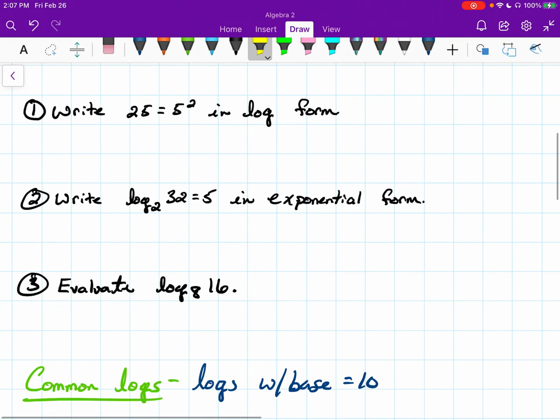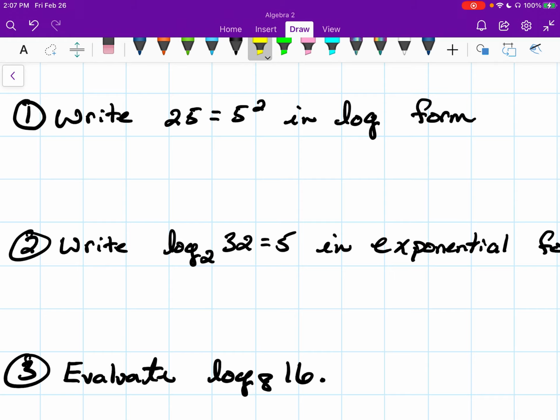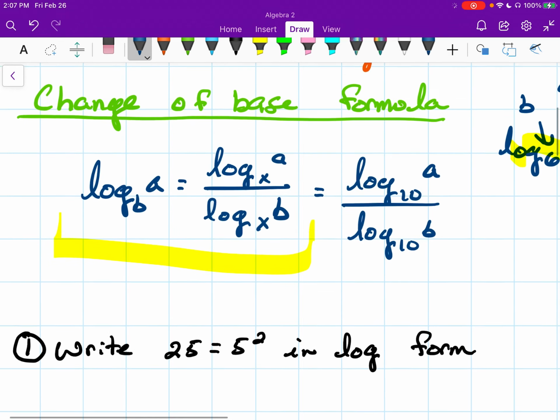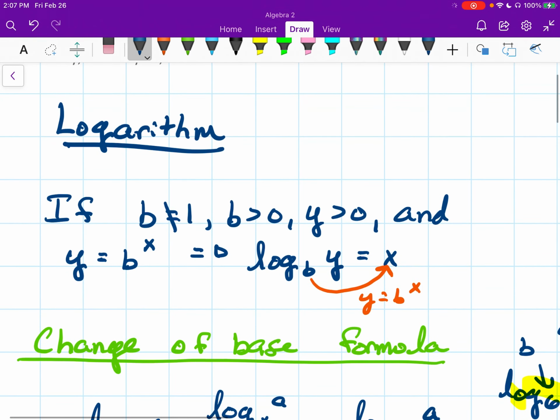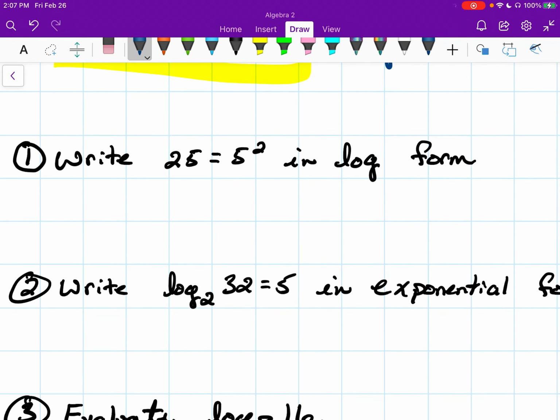So, number one, write 25 equals 5 squared in log form. Well, we know that 25 does equal 5 squared, right? So starting off, using our formula up here, we're going to be looking at these two. So 25 is y, 5 is b, and 2 is x.